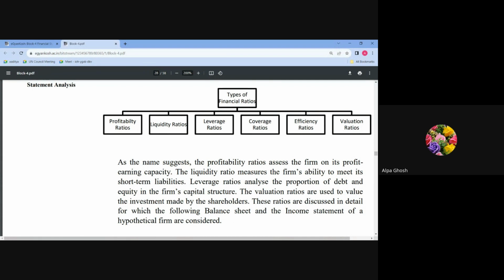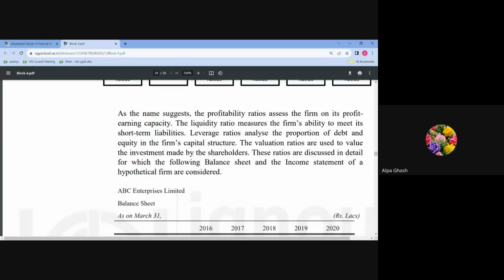Liquidity ratio, here we try to find out the liquidity position, and liquidity position is based on your current assets and current liabilities. Next we have leverage ratios. The leverage ratios talk about the profitability. Coverage ratios, how much interest and all you pay. Efficiency ratios, they're also known as activity ratios. Compare your stock to stock turnover, and then valuation, the company's valuation.